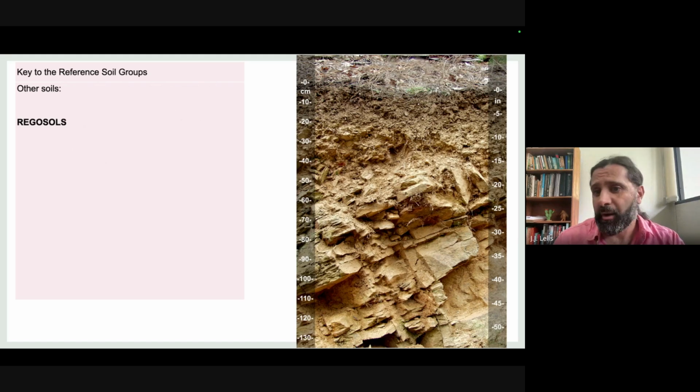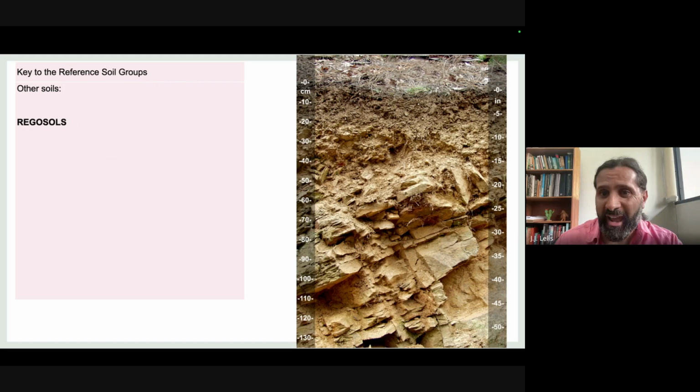And the last option in WRB are the Regosols. And for the Regosols we do not have any criteria. The criterion is that we could not classify these soils in the previous RSG. So we could not classify them in the 31 previous RSGs, so then we call this soil a Regosol.